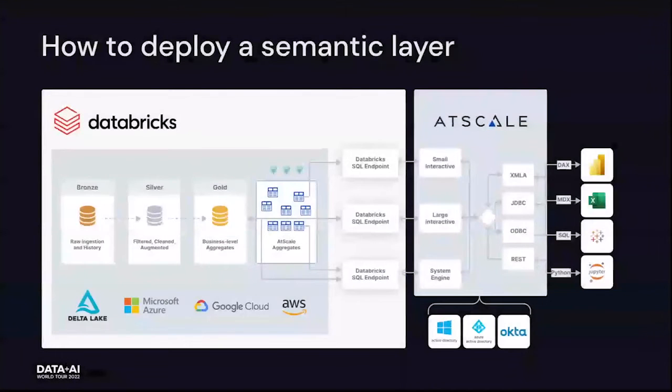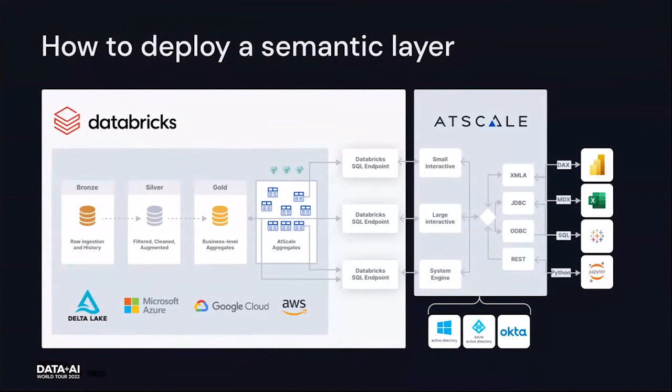So how does a semantic layer get deployed? Well, you can see here in our Databricks medallion architecture, we have bronze, silver, and gold. And Databricks and the Delta Lake are excellent for allowing you to quickly create those transformations and those different levels of data.